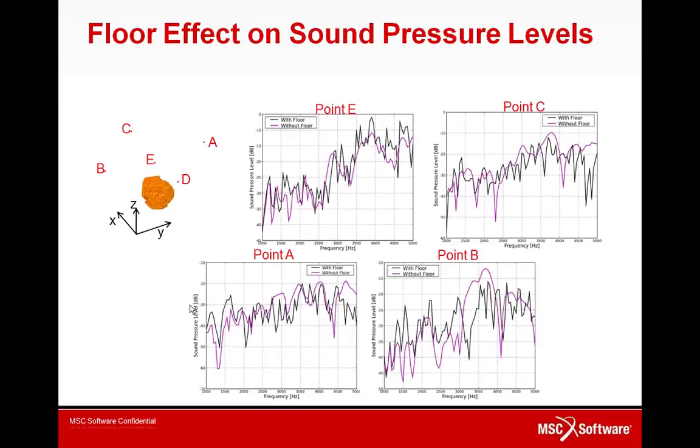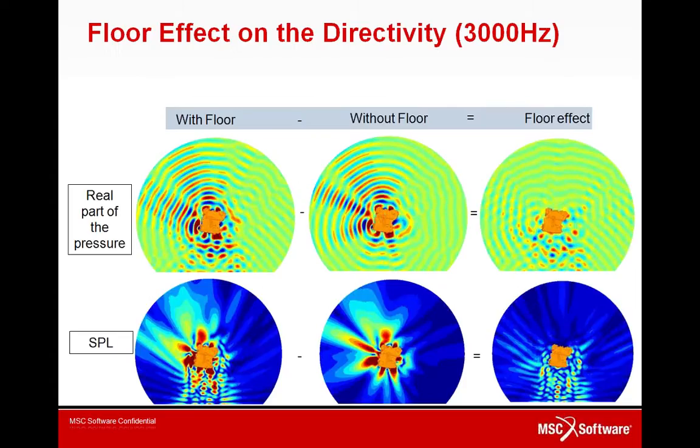So the frequency response of the sound pressure level is computed for these different microphones with floor and without the floor. And this is plotted in this slide, and you can clearly see that basically the impact of the floor will depend on the position of the microphone. And this is confirmed by looking at pressure maps that are given here for 3 kHz.